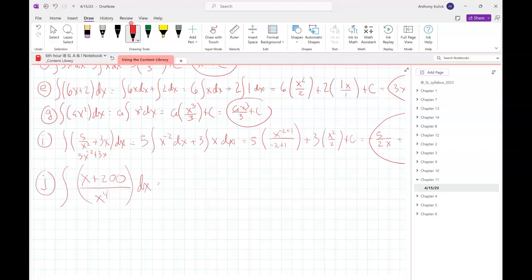What am I going to do here? I'll give you a hint. I'm going to write that fraction with a common denominator as two separate fractions with common denominators.